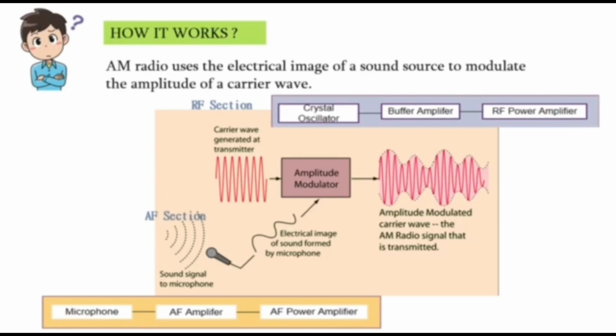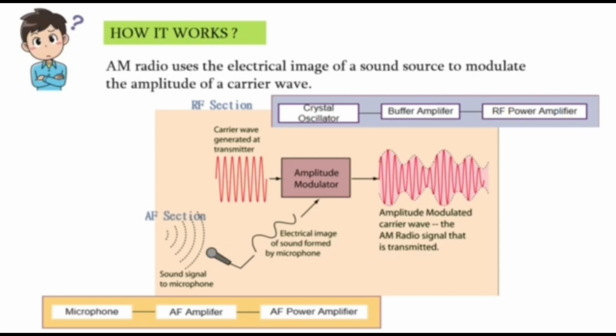Next, the RF section consists of a crystal oscillator, buffer amplifier, and RF power amplifier. In the RF section, the high frequency carrier wave is generated by a crystal controlled oscillator. The output of the crystal controlled oscillator is power amplified by the RF power amplifier.